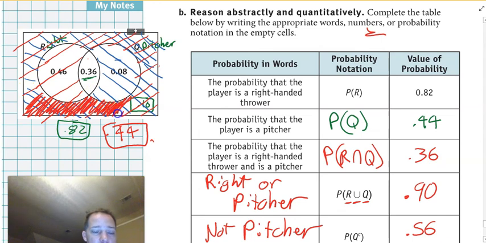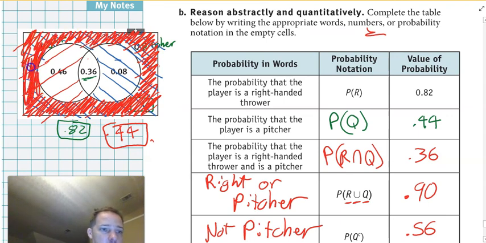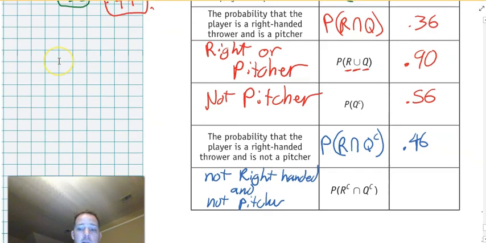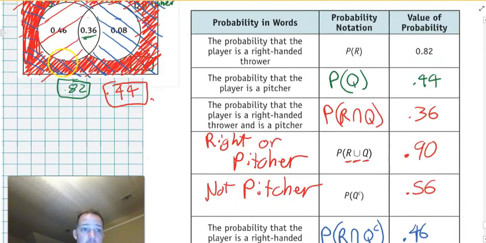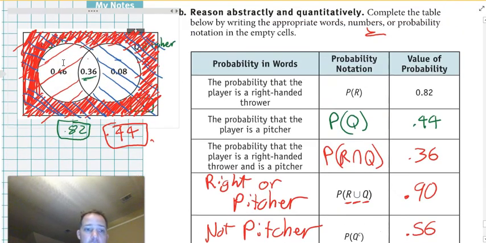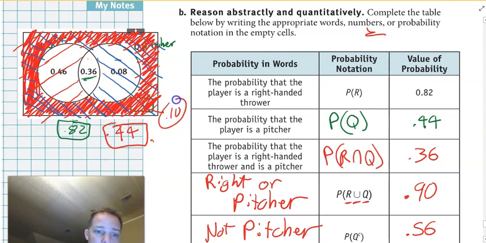Everything out here, as I'm coloring, has both red and blue lines. So that would be just 0.10. That was the green area there. That's everybody else that's not in any of these regions. So 0.10.